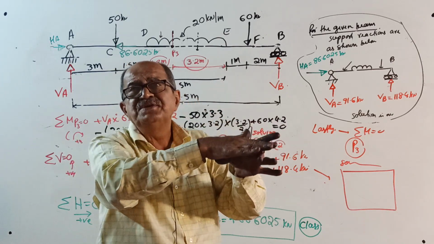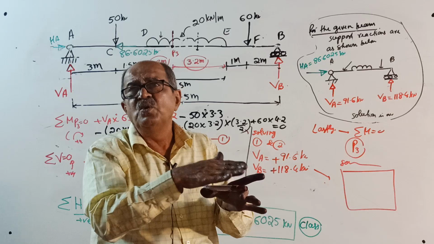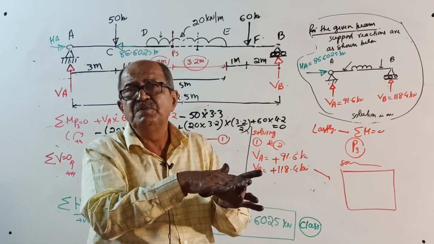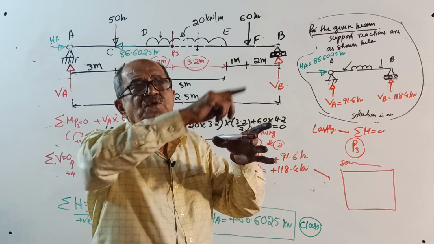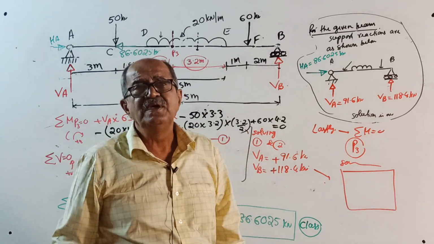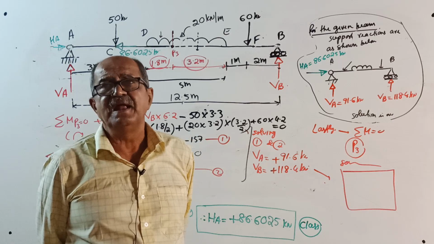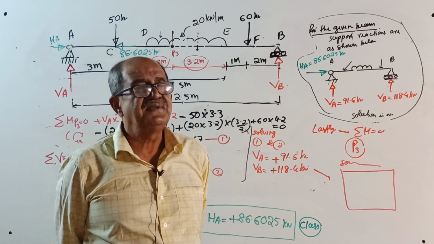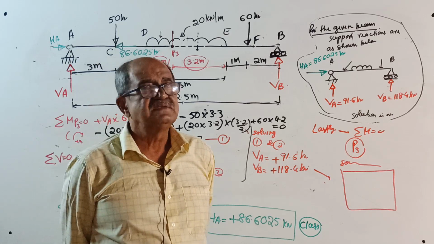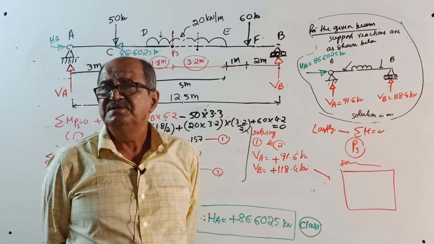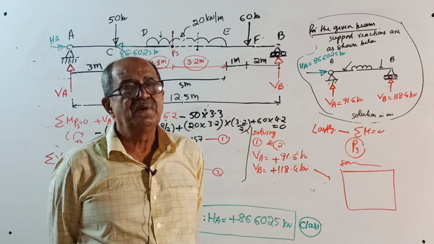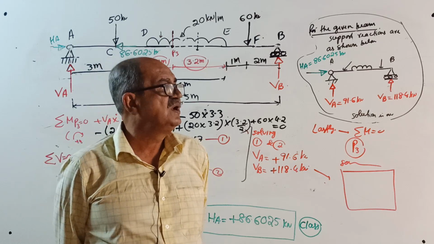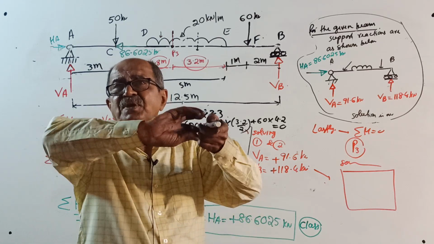Then combination of full UDL with point load and partial UDL with point load. Then uniformly varying load, all types, sometimes represented by right angle triangle, isosceles triangle, triangle in general, sometimes trapezium. Okay, then I will consider couples.